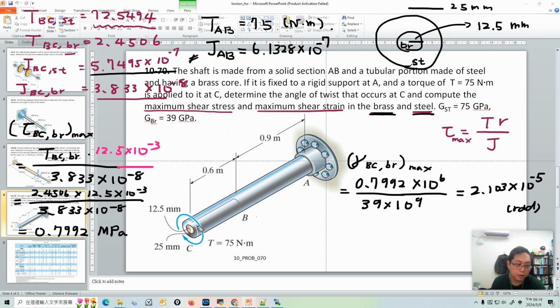For the brass part, you just need to calculate the shear stress at the surface, and the radius for this part is only 12.5 millimeter. Just be careful, there are some details. You have to make sure you fill in the right numbers. Sometimes you fill in the wrong number and you find everything is wrong.